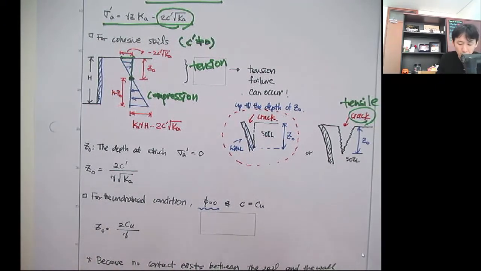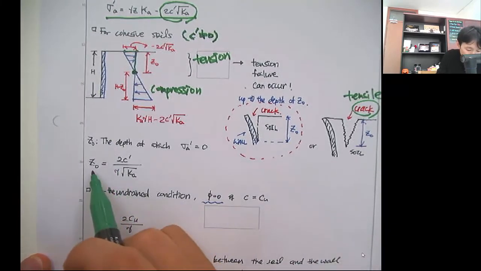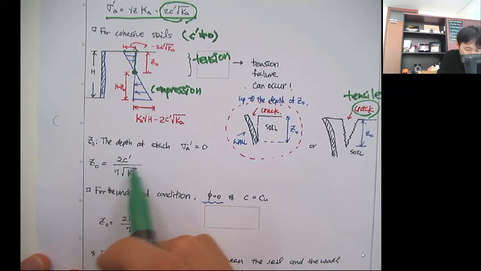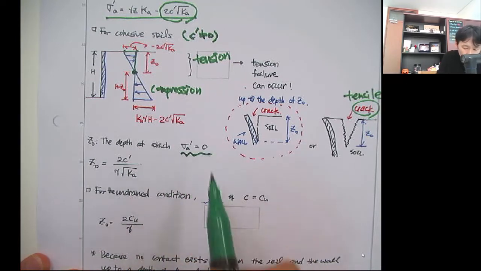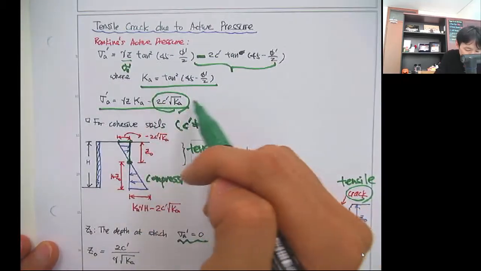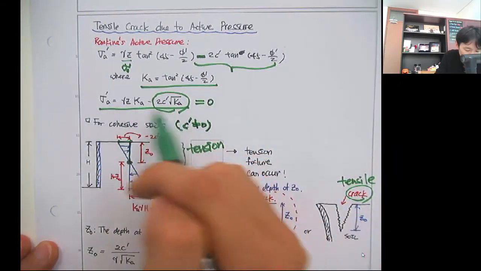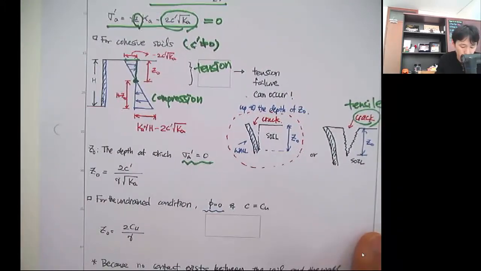So then what's the depth of this tension crack? The depth of tension crack will be 2c prime over gamma square root of Ka, where sigma a prime is 0. From this equation, this becomes 0, so that you can find out the z.